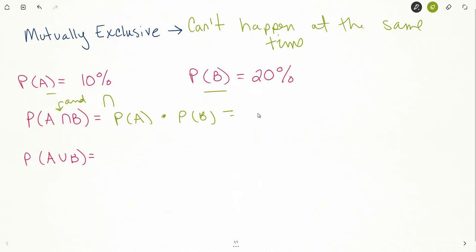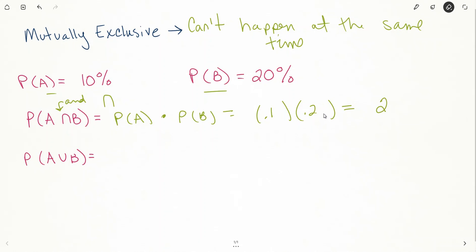So in this case, 10% changed to a decimal, 0.10, and 20% changed to a decimal, 0.20. If I multiplied those together, let me drop these zeros to make sure you're understanding the arithmetic here.